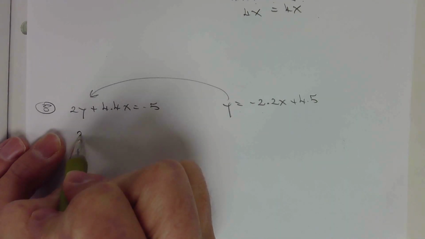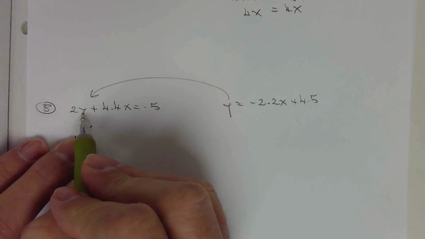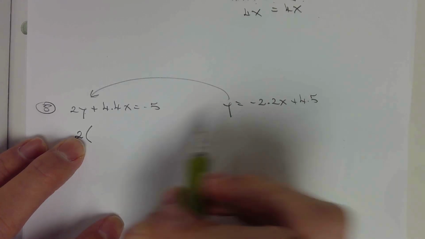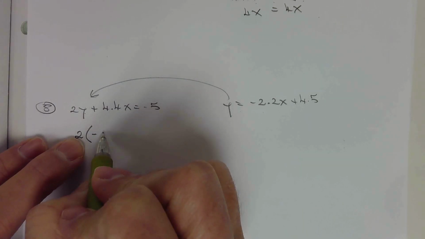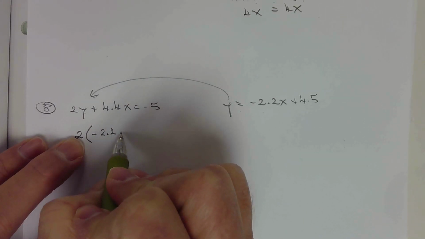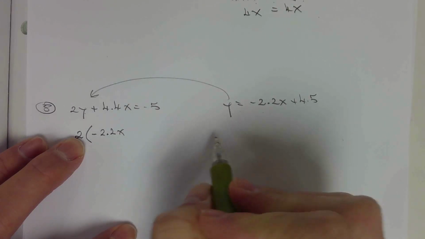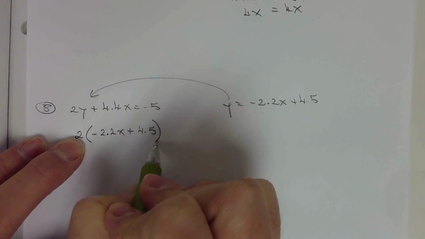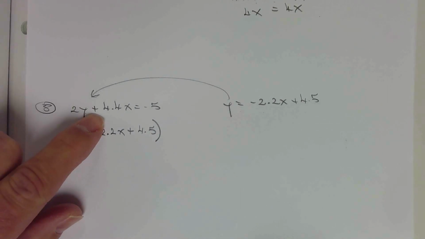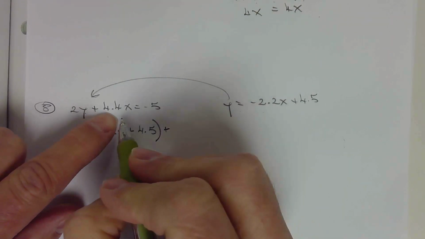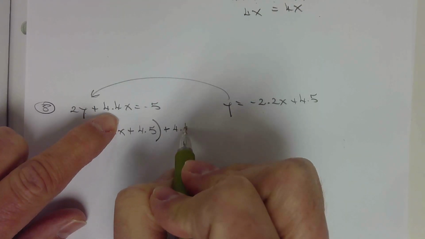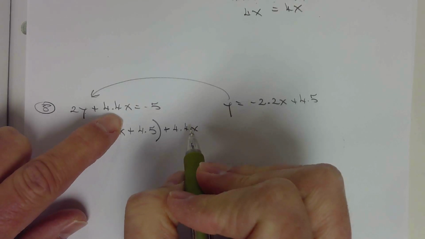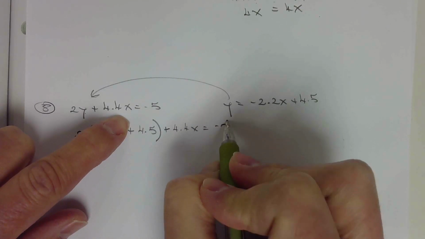So that's going to be 2 times y, which is negative 2.2x plus 4.5, plus 4.4x equals negative 5.